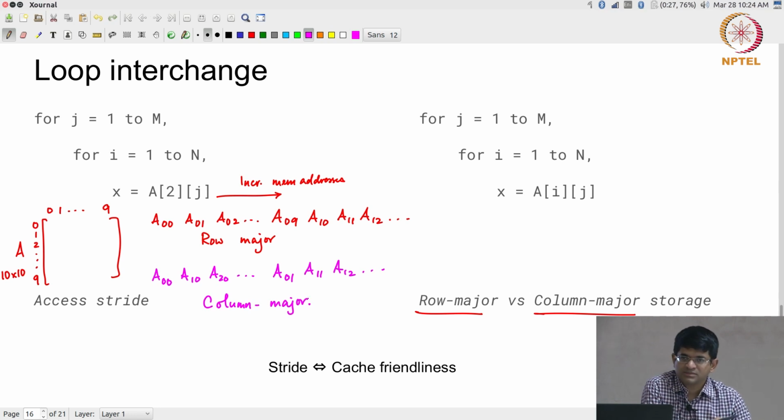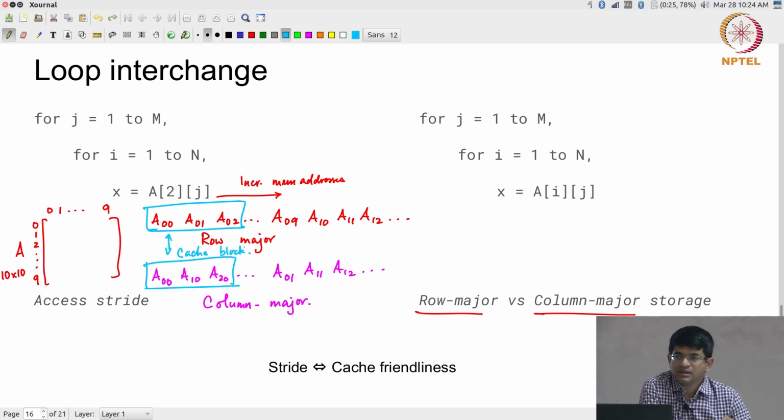What is the difference? Again related to caching, because caches will always pull out blocks based on increasing memory addresses. So if you had it in row major format, then it makes sense for you to access the data in the row major format, one by one.